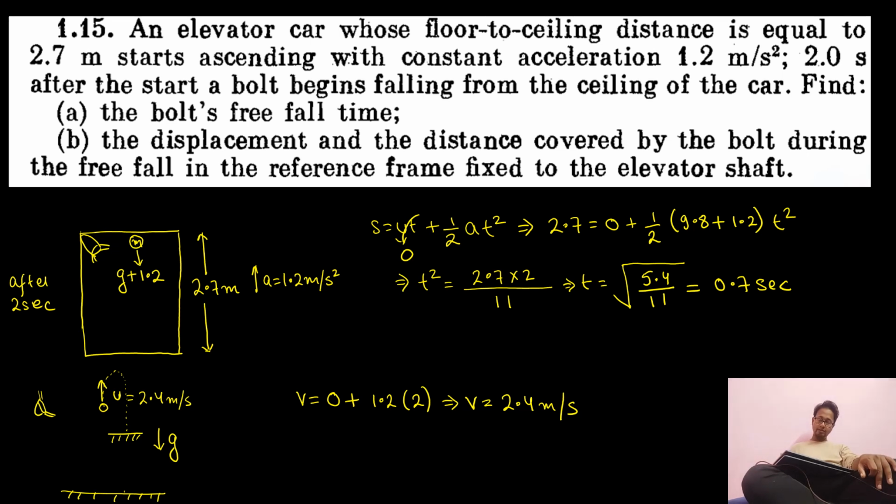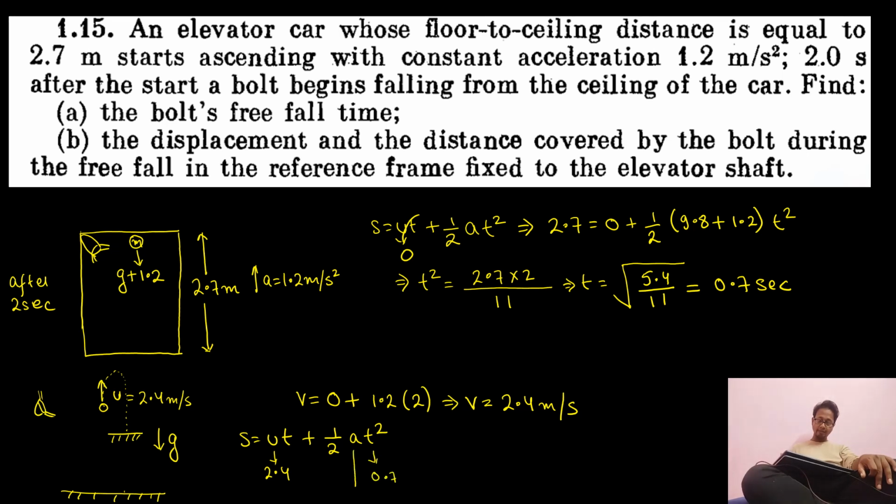So I'm simply applying S is equal to ut plus half at square. Out here, S you have to find out. u is nothing but 2.4. t is nothing but 0.7.